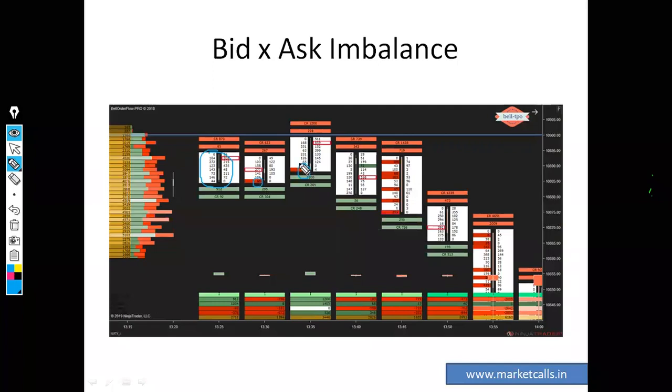So what we need is, if the market is pushed strongly down by the sellers, you'll be seeing a stack of sellers imbalance on the downside markets, or a stack of buyers imbalance on uptrending markets. So where the imbalance is happening is very crucial, and there are particular strategies built on top of this.